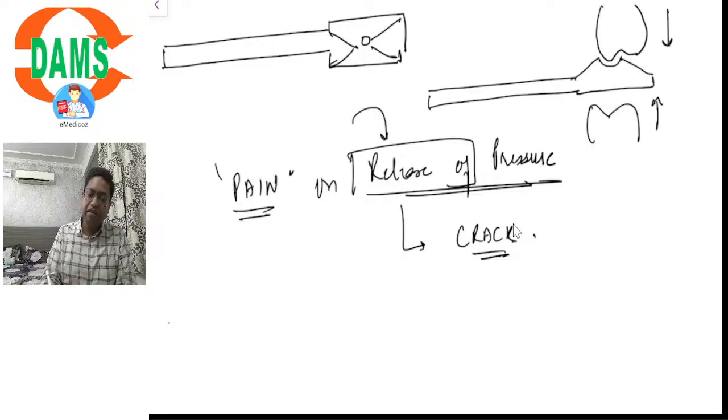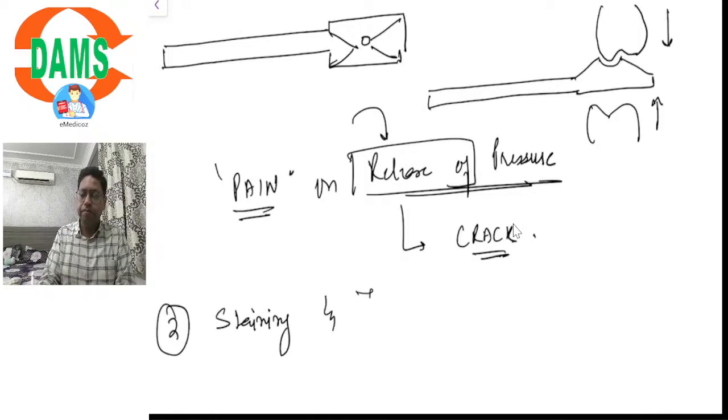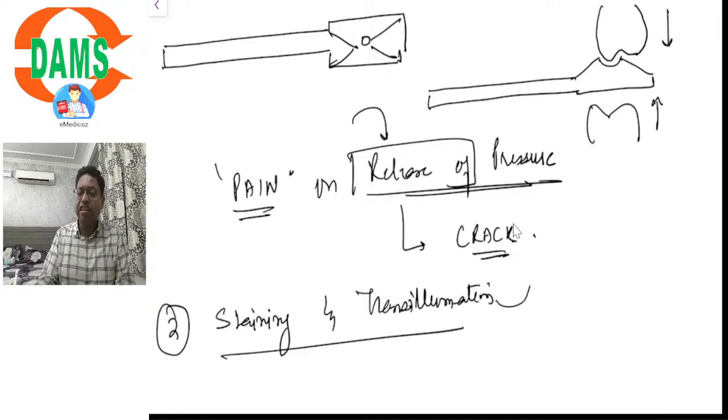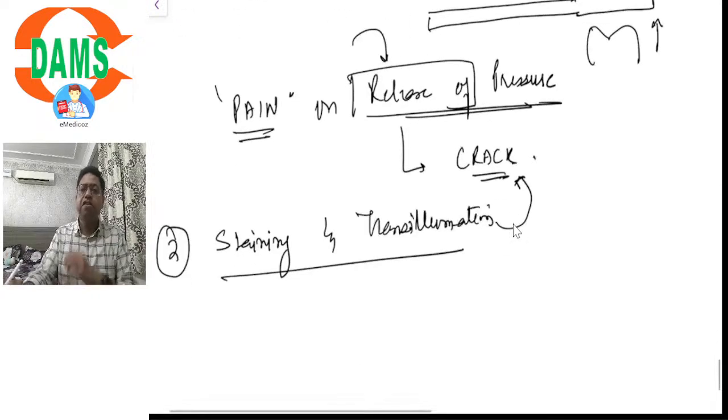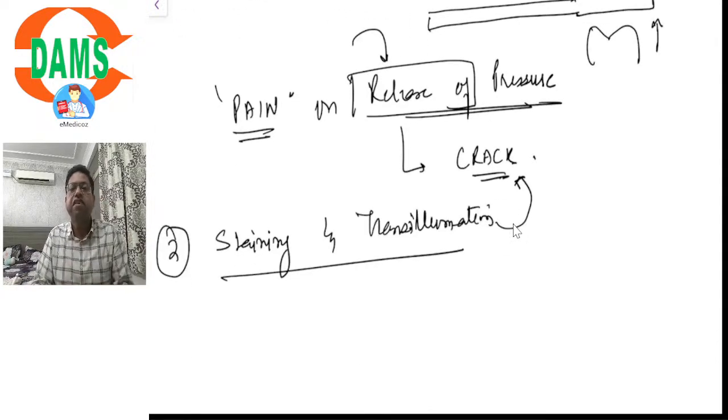The second special test is called staining and transillumination. This is also used for diagnosing cracks in the tooth. Another one is the bite test. Another is staining and transillumination. Staining means, can there be something that when I bathe the tooth in that, the cracks would become conspicuous or visible clinically?